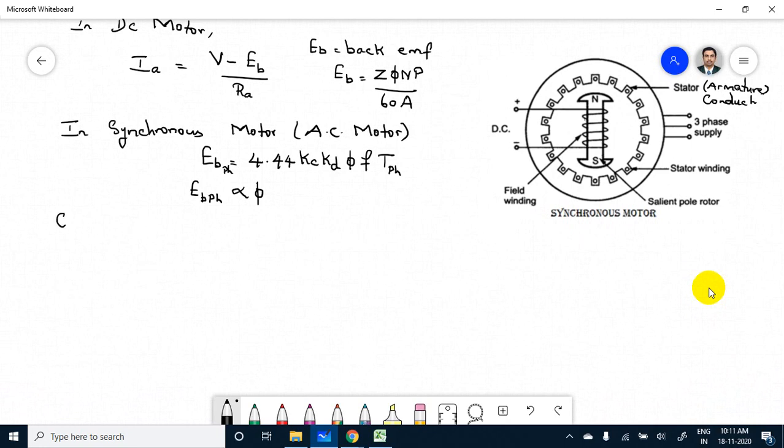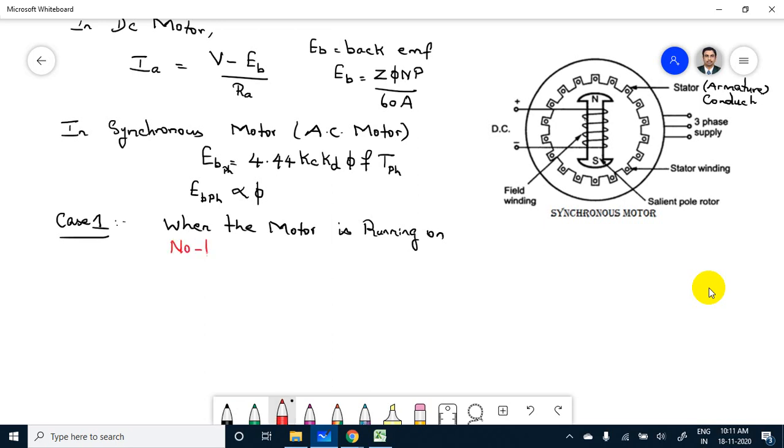Case 1. When the motor is running on no load, that is you are not applying any load, and it is also not having any losses.